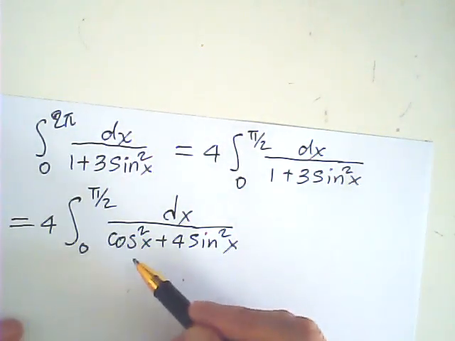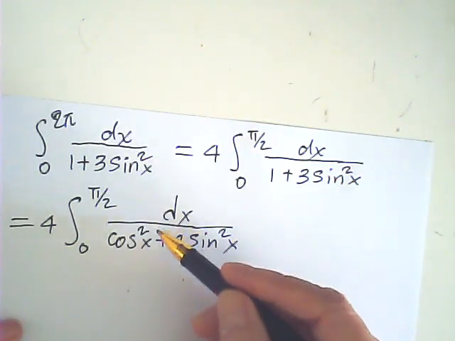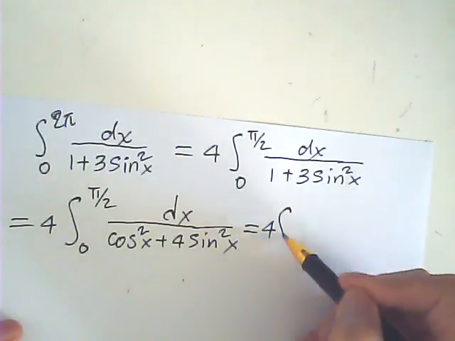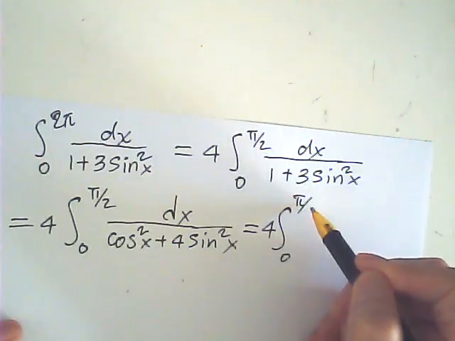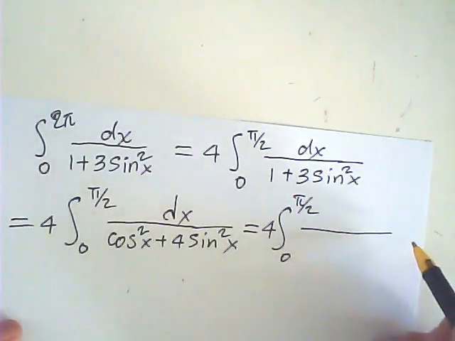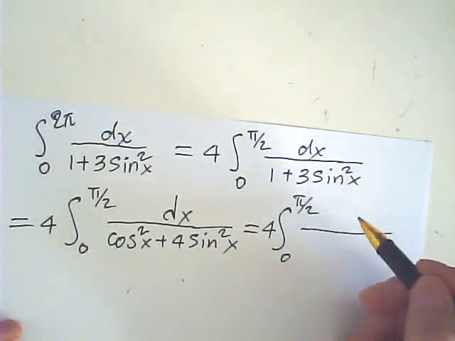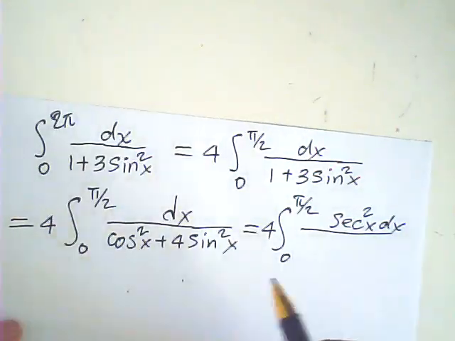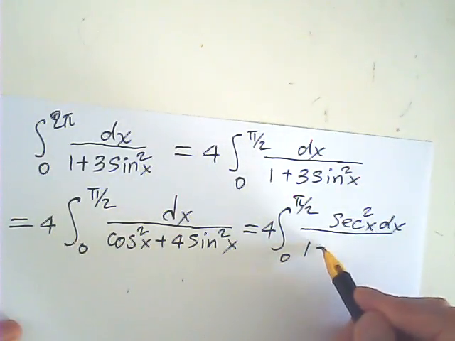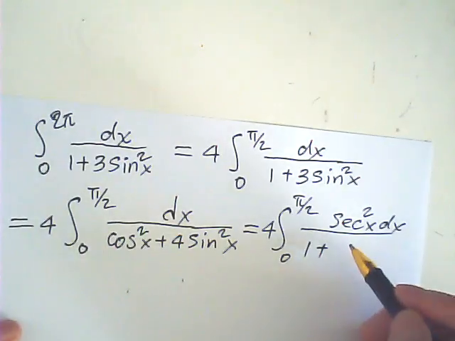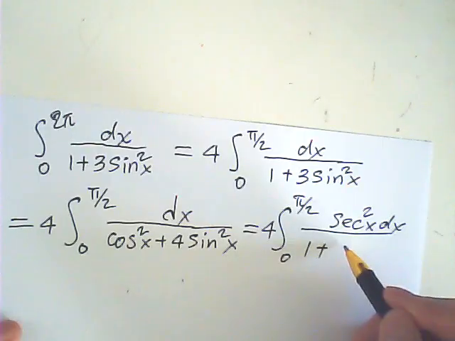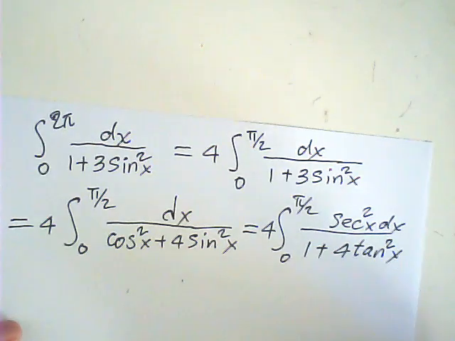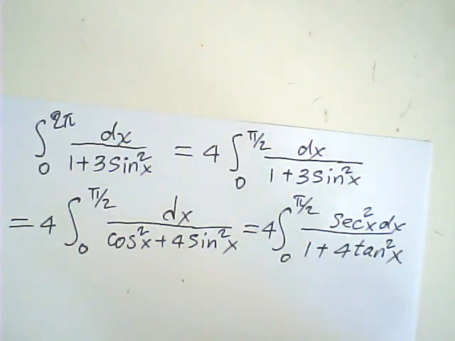Now I can divide by cosine square, both top and bottom. This is 4. The numerator divided by cosine square is secant square. And this becomes a 1. This becomes tangent, so it's 4 tangent square theta, or tangent square x.